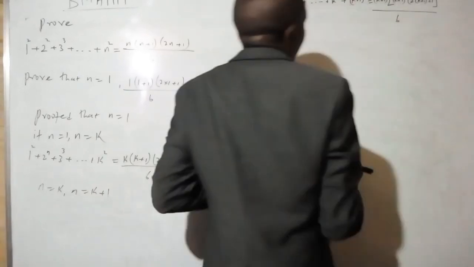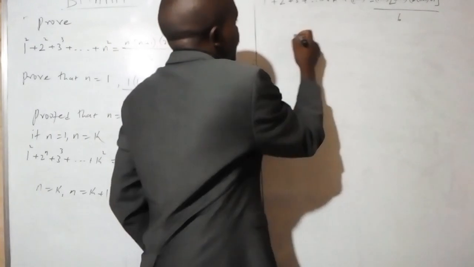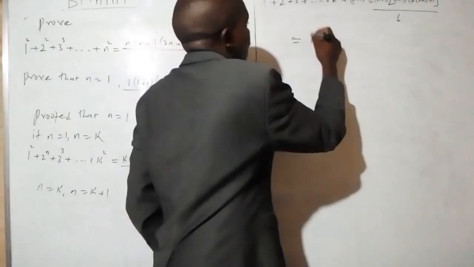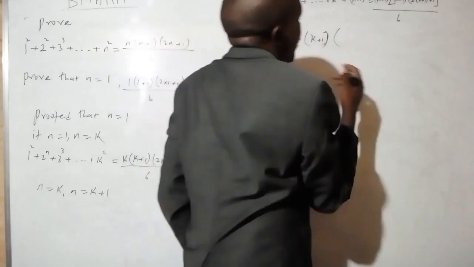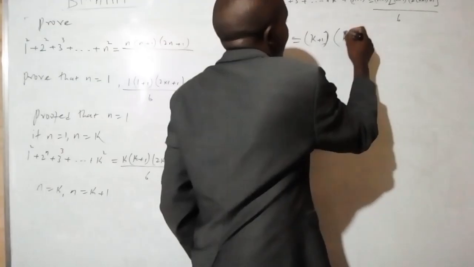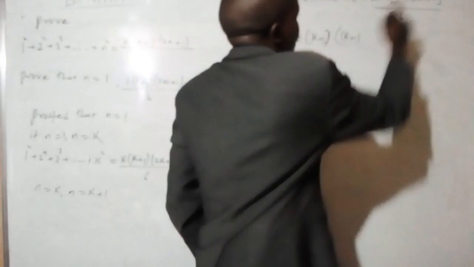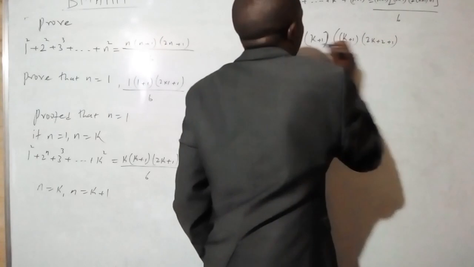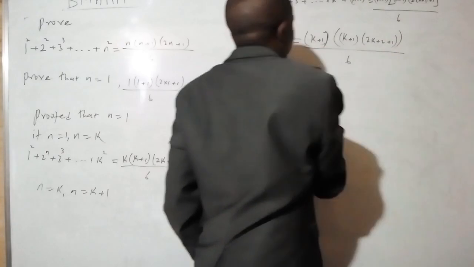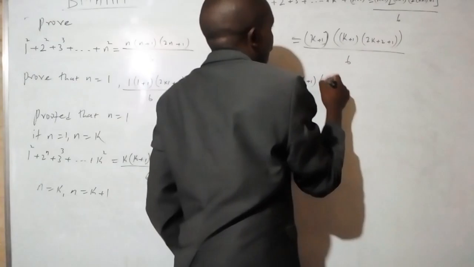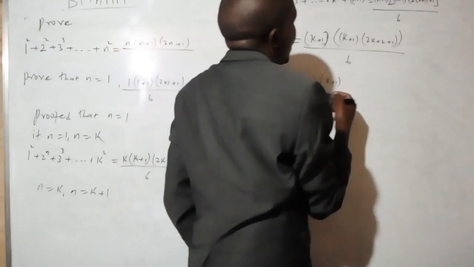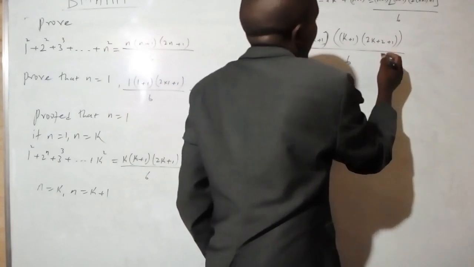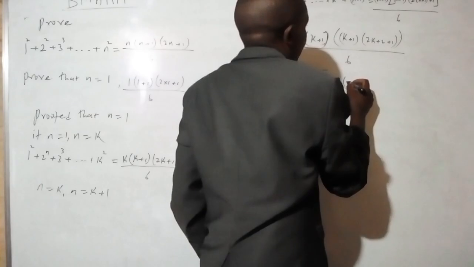And we are going to have it equal to, we are doing the right hand side, k plus 1 into bracket k plus 1, then you open the bracket here to have 2k plus 2 plus 1 all over 6, is equal to k plus 1, then 2k plus 3.